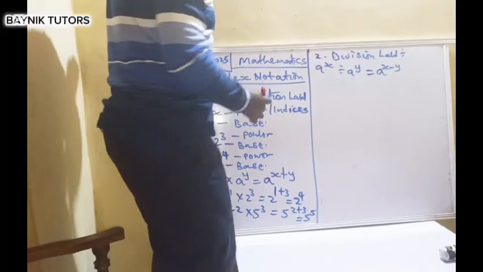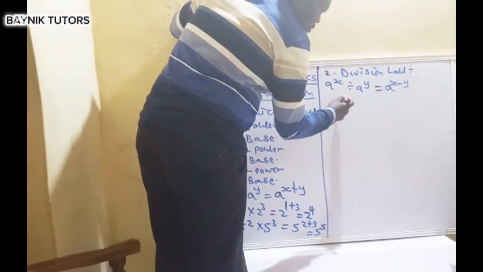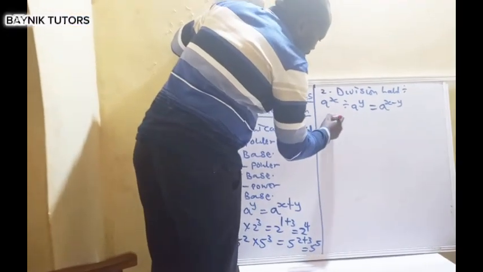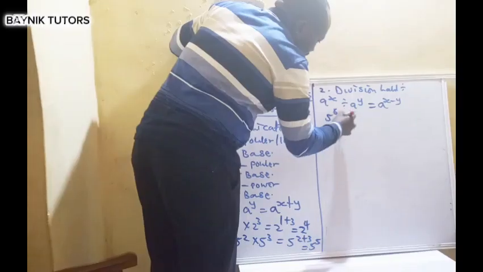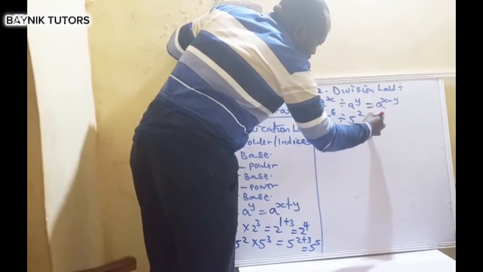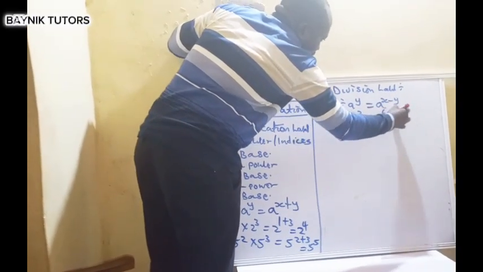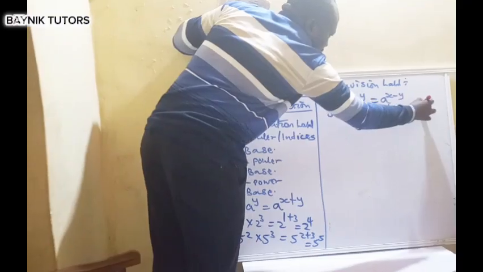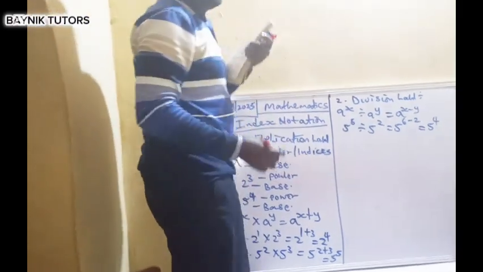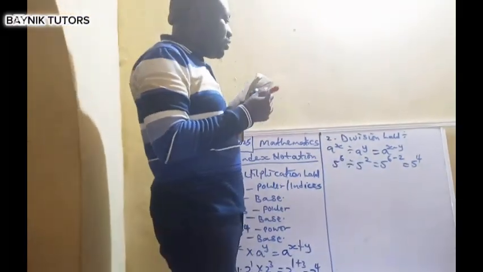So along the line here, if we have 5 raised to power 6 divided by 5 raised to power 2, that will be 5 raised to power 6 minus 2, which is 5 raised to power 4. That's what the law of indices says.